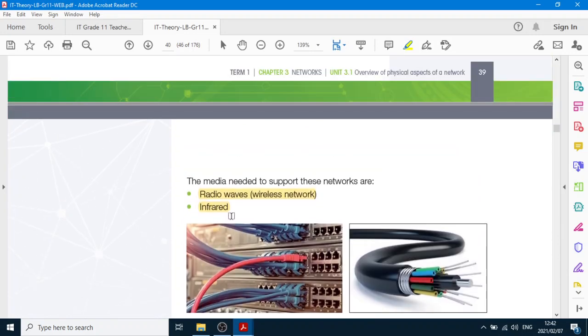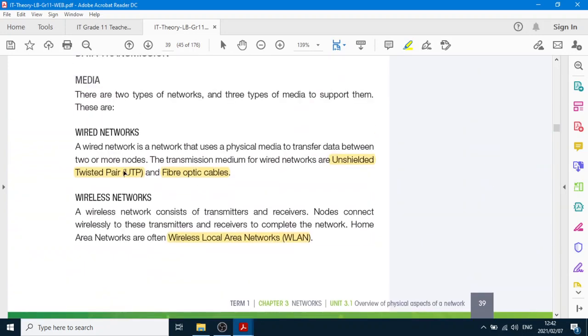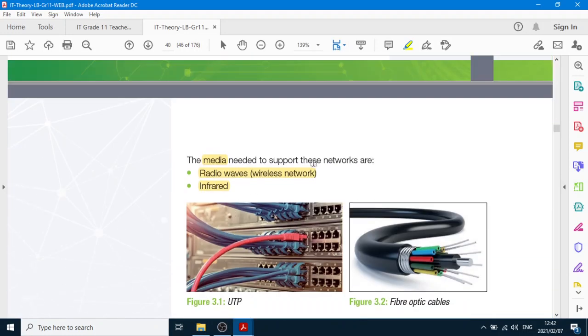Media being the channel, like imagine it's an invisible cable. So the medias are your channels for the data to flow through. For wired networks, we had unshielded twisted pair and fiber optic cables. And for wireless networks, we have radio waves or infrared waves.